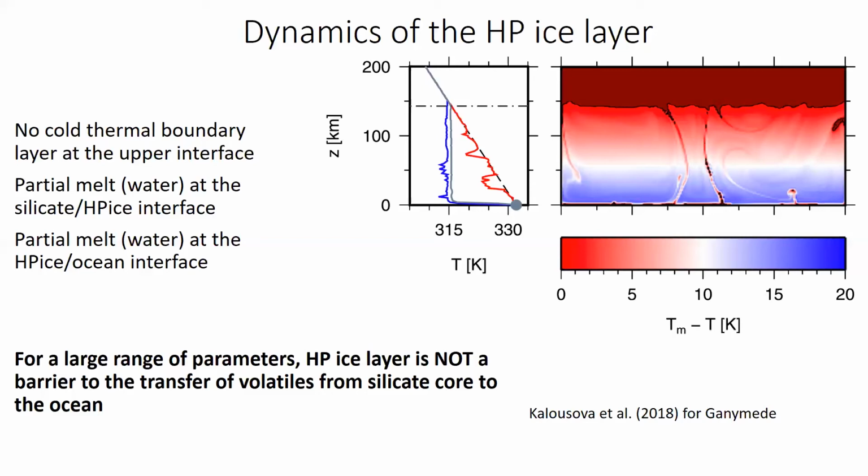So again, just want to hammer home this point that high pressure ice is not a complete barrier to water-rock interaction. Rather, it's an interface, and one that delays the movement of fluids from the rock interface to the ocean. You can think of that as a redox gradient, in fact. So I think that's also of interest for astrobiology. It makes the chemistry of these worlds even more interesting and complex.